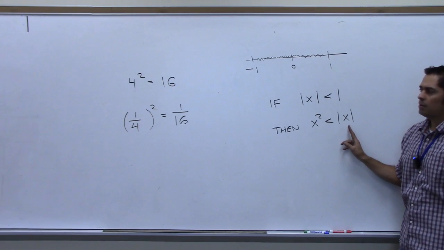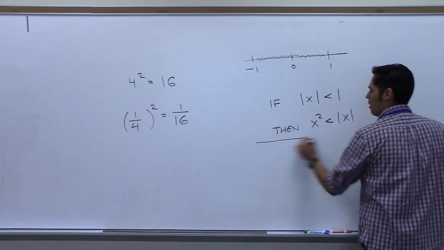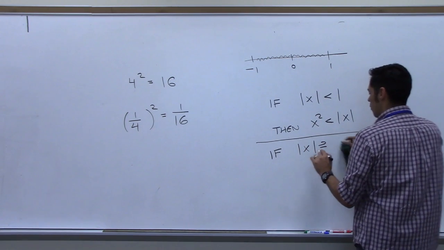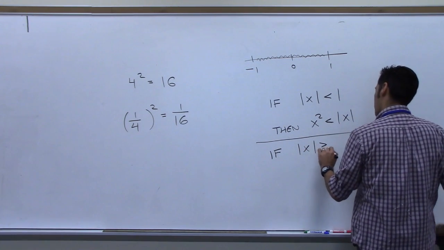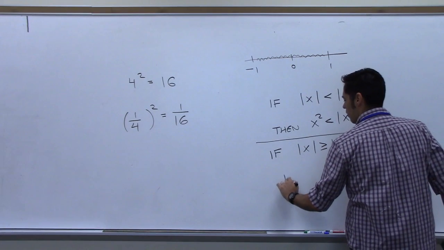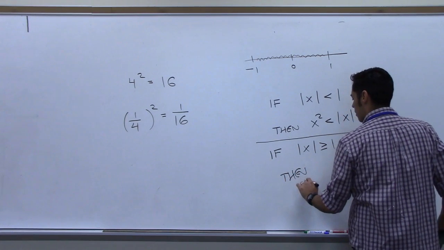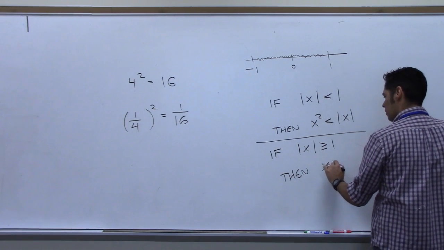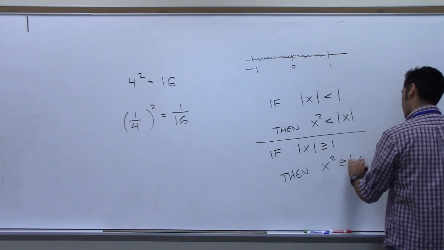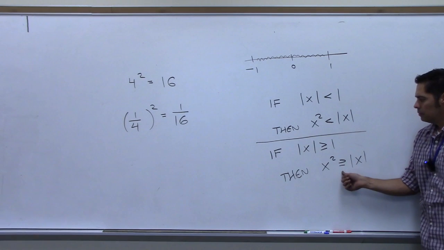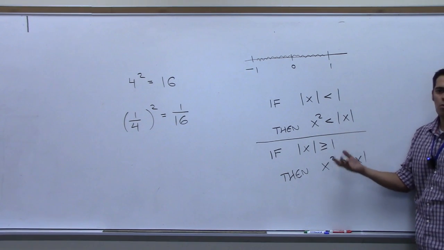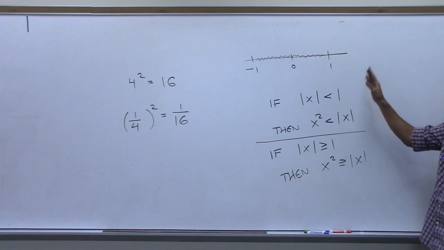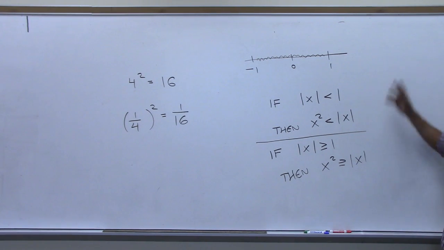Guaranteed. But if you go outside of 1 or including 1, then squaring it makes it bigger. So, of course, if you square 1, you get itself, right? But if you take anything bigger than 1, 1.1, 1.2, square it, it gets bigger.